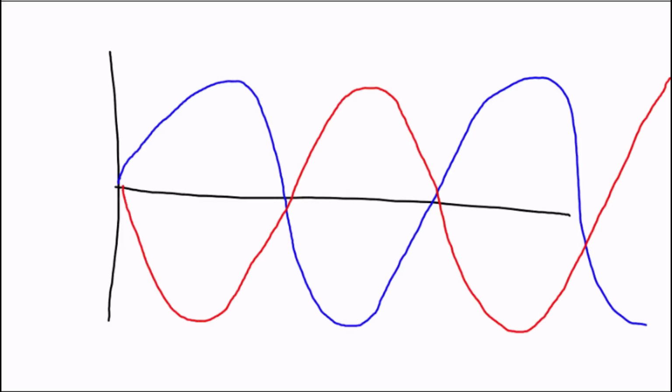So that's like saying that this red one had to get bumped this way 180 degrees to then be in phase with the blue one. If you did shift that red one to the right that far, it would be perfectly in phase with the blue one, and they would be perfectly in sync with each other.